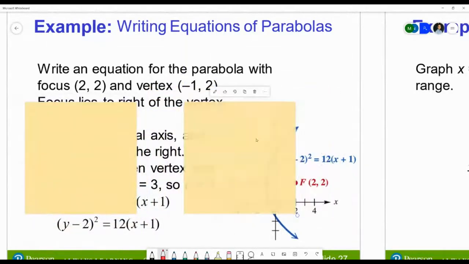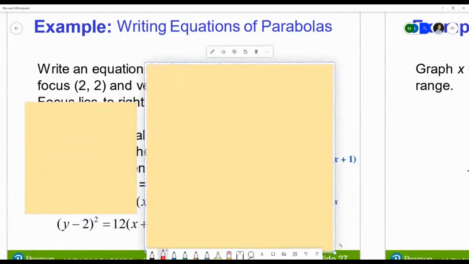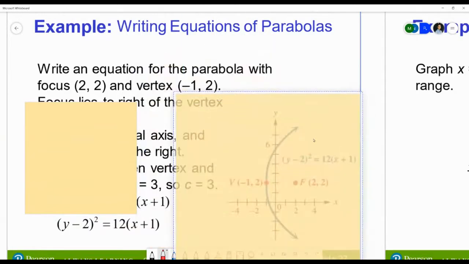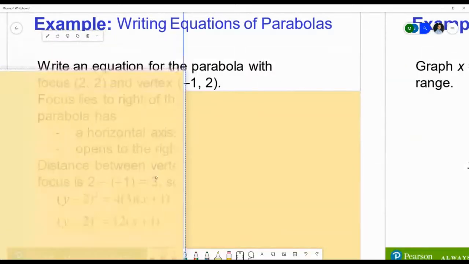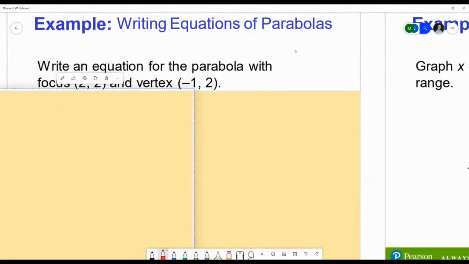I'm going to give you some time to try this. You only have two pieces of information here. You have the focus and the vertex.